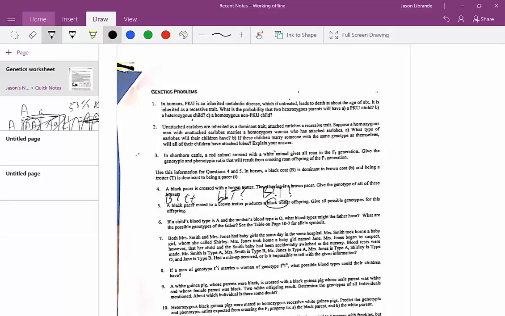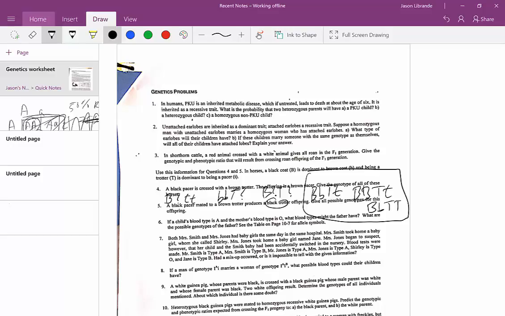So for this question, it's kind of ambiguous. So it's not going to be super clear what the answer is, which is why it says give all possible genotypes for the offspring. So here it could be BB, TT, maybe B, B, T, and T. So really we don't know from this question what exactly their genotype is.